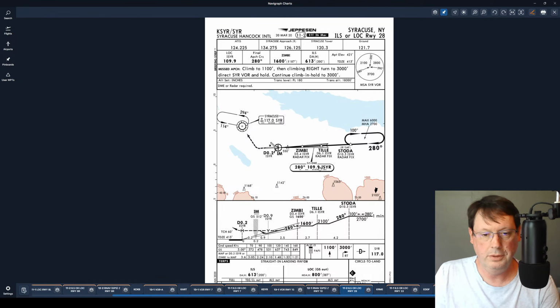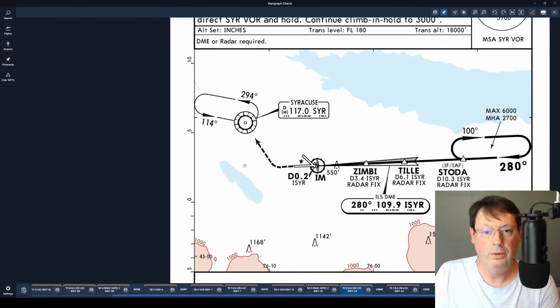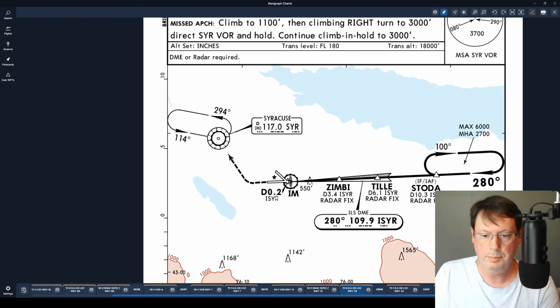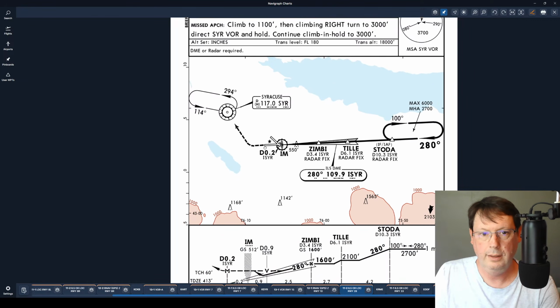And the reason why it's good to know how to enter a hold real quick, real easy: if I have to enter this hold, I can tell you right now, I'm going to cross this VOR, the 117.0 Syracuse VOR, at 324 degrees outbound, plus 30, 320, and then I'm going to come around to 114. I've got the hold entry already in my head. Simple. That's what I need.